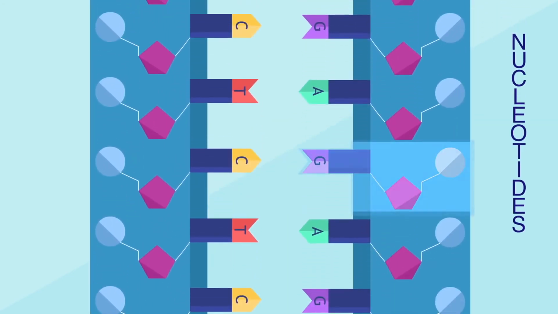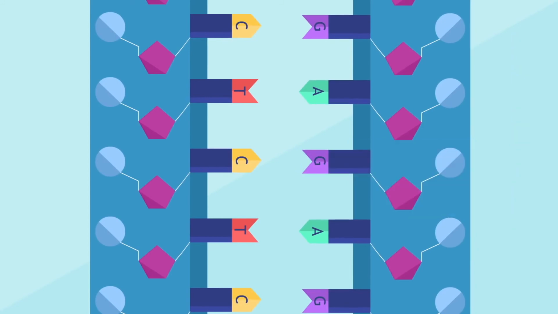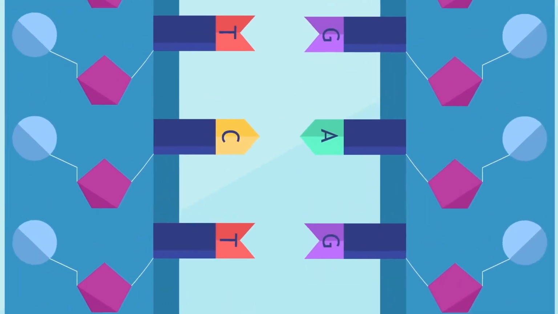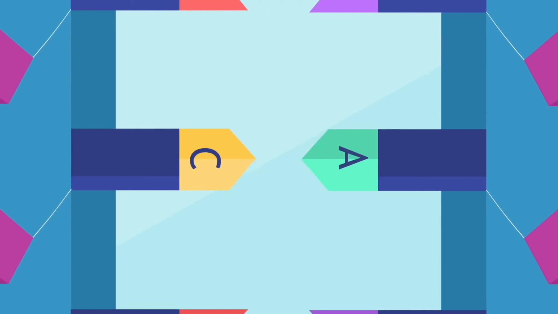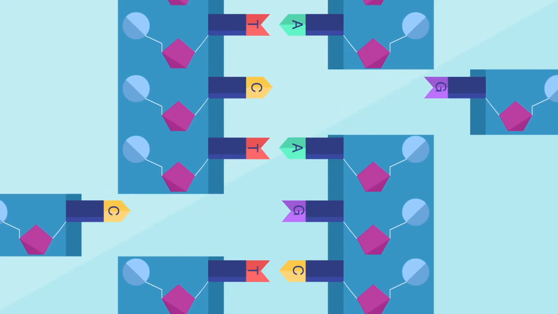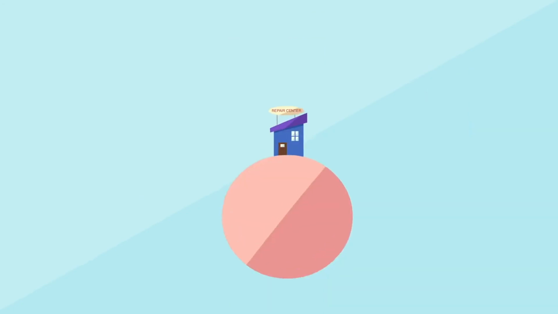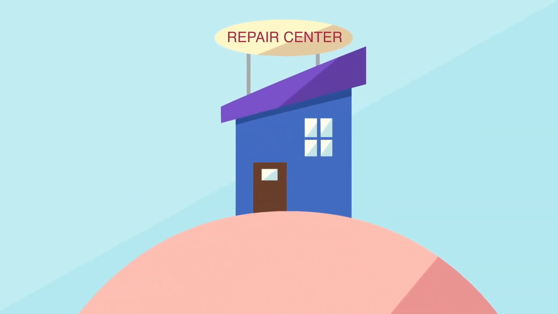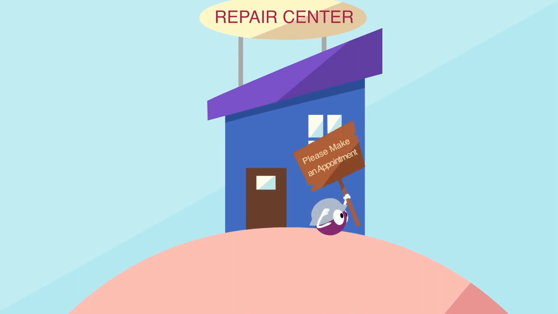Sometimes nucleotides, DNA's building blocks, get damaged. Other times, nucleotides get matched up incorrectly, causing mutations. And nicks in one or both strands can interfere with DNA replication, or even cause sections of DNA to get mixed up. Fortunately, your cells have ways of fixing most of these problems, most of the time.